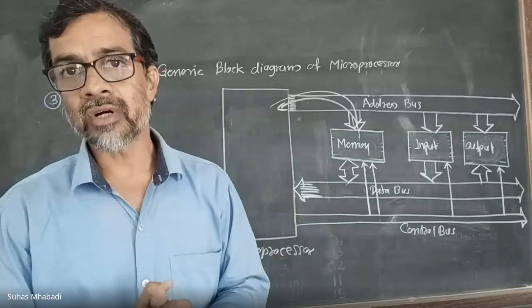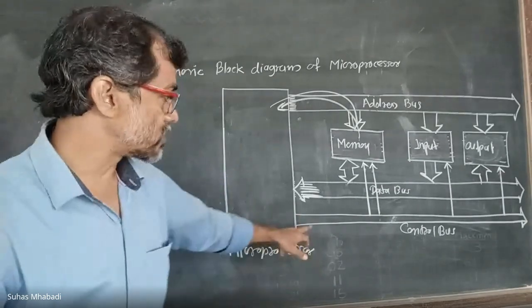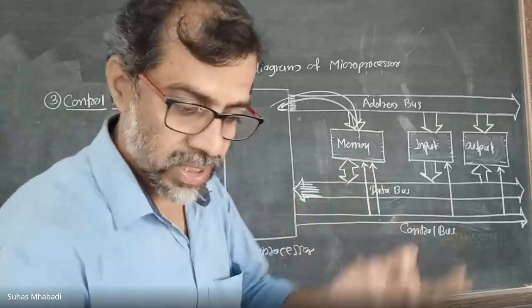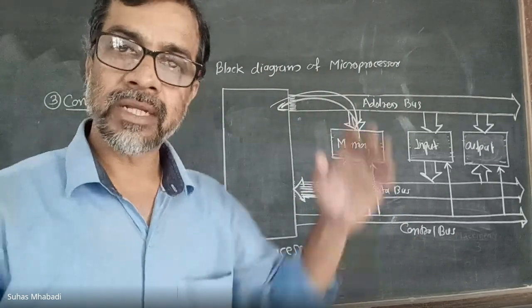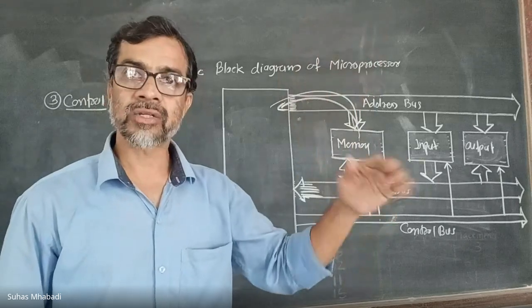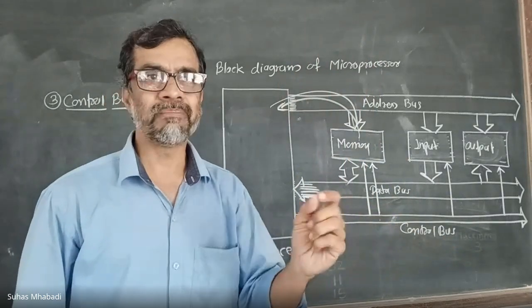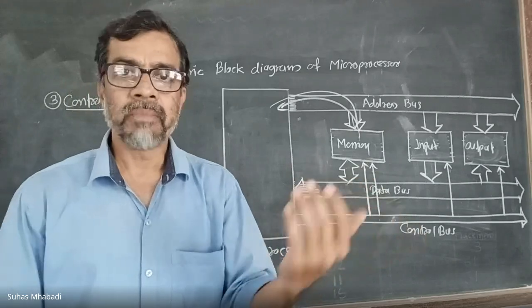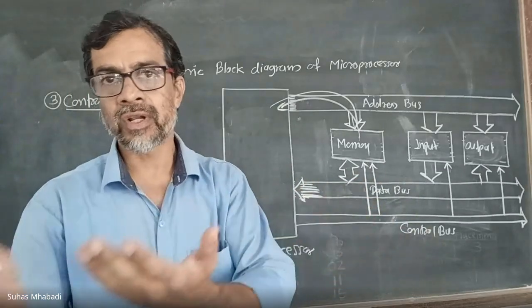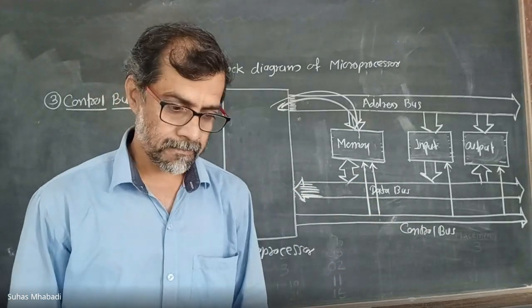That time is offered by this particular bus. Of course, the timing is measured in terms of microseconds. The frequency is in megahertz, and 1 upon mega is called micro. But the microseconds required for input may not be the same as those required for communication with the memory.